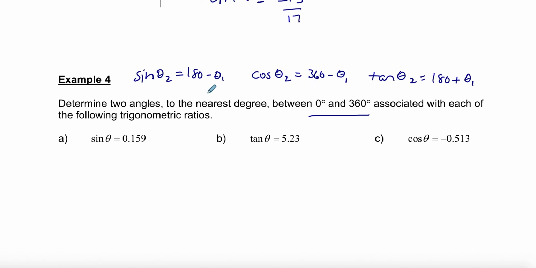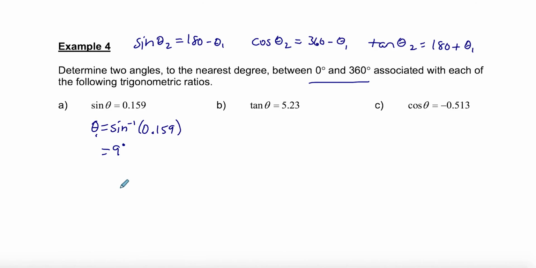In order to find a second angle, first of all, let's find out what this angle is. So theta would be the inverse sine of 0.159, which actually gives us 9 degrees. So let's call that our first angle.